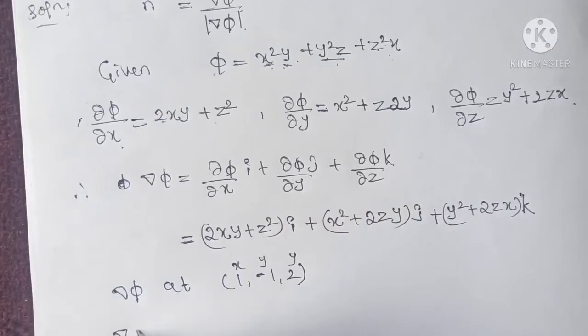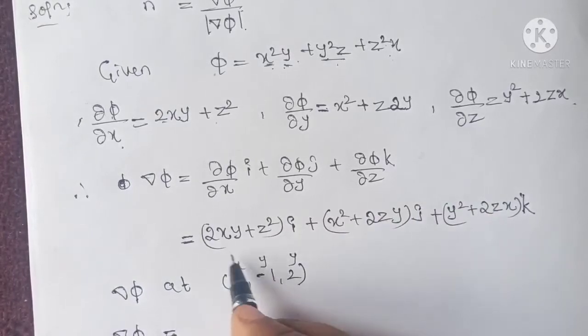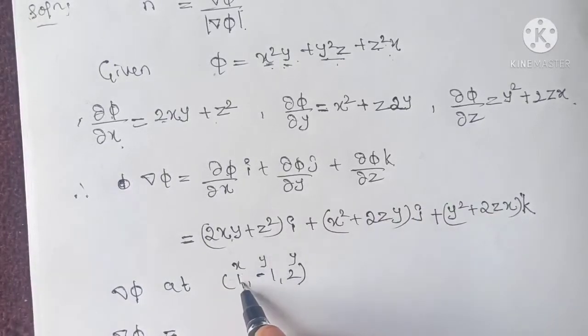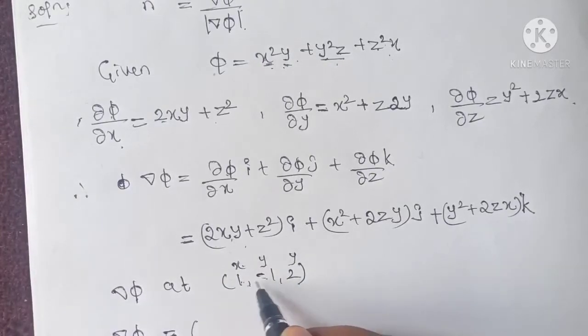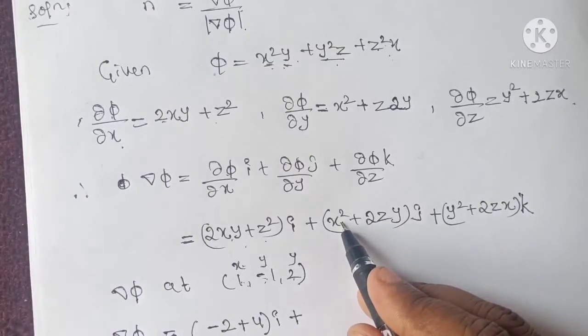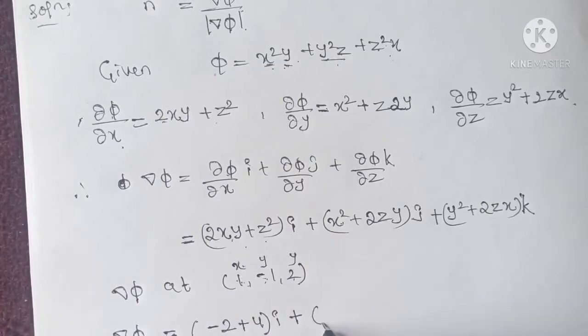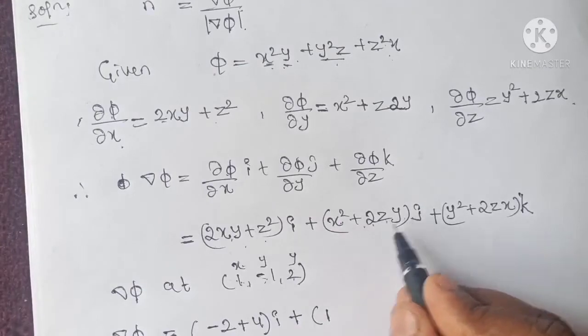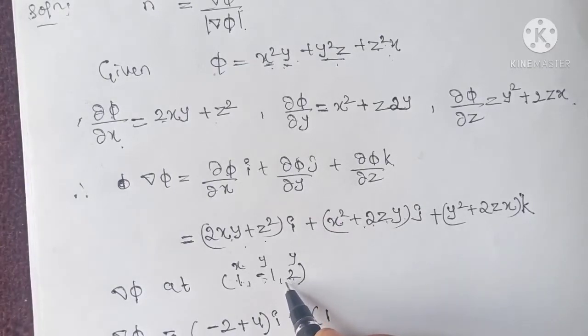So del phi is equal to 2xy, x y value is 1 into minus 1, 2 into minus 1 is minus 2, plus z square means 2 square which is equal to 4, into i, plus x square means 1 plus 2z into y. Z value is 2 and y value is minus 1, 2 into minus 1 equals minus 2.